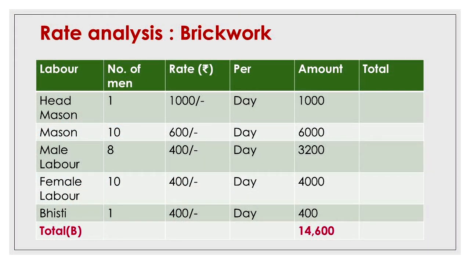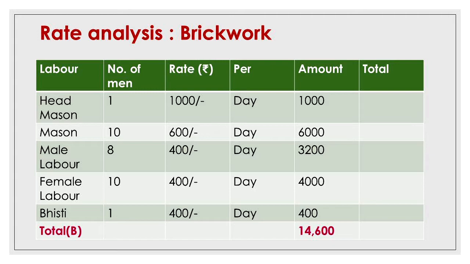Then we need female laborers also. 10 female laborers are required. Daily wage for female laborers also we are considering as 400 rupees per day. So 400 into 10, that comes to 4000 rupees payable to female laborers. Then we'll consider Bisti. Bisti is one. His daily wage is also 400 per day.